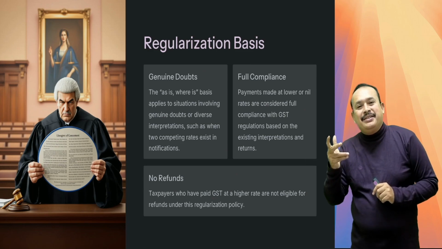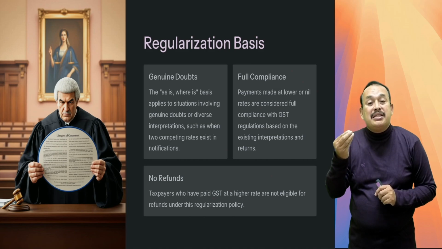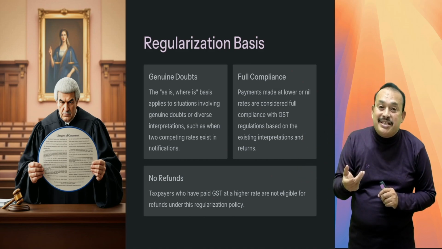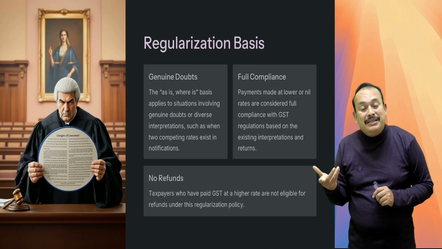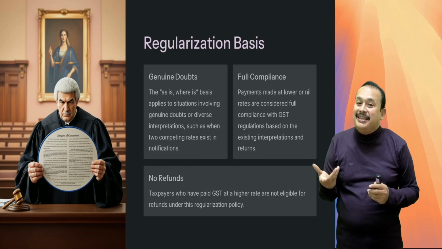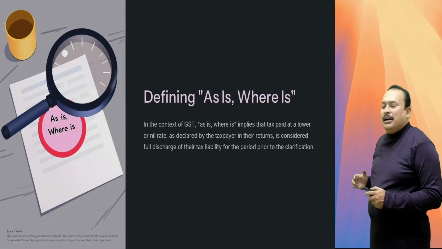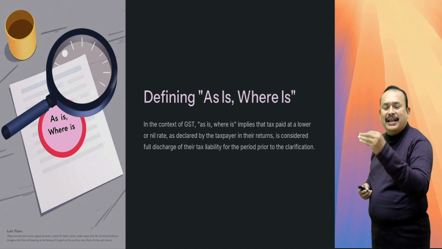How to understand this? We will explain it to you with the help of scenarios 1, 2 and 3, taking into account illustrations issued by the CBIC to the department, field formation as well as the industry, presented in a simplified manner as follows. First of all, what do you mean by "as is, where is"?